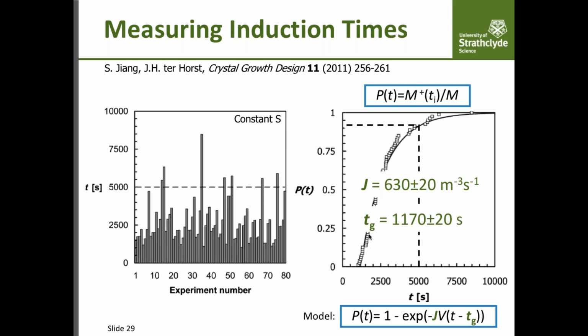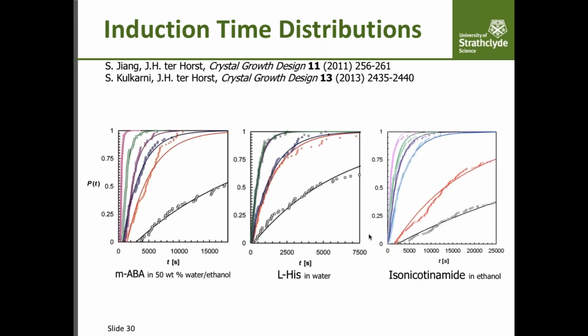So this allows us to determine nucleation rates under many conditions for many different compounds and investigate primary nucleation rates and try to understand the primary nucleation rate process. So here's a lot of data for different systems, and they all behave in a similar way, these induction time distributions.